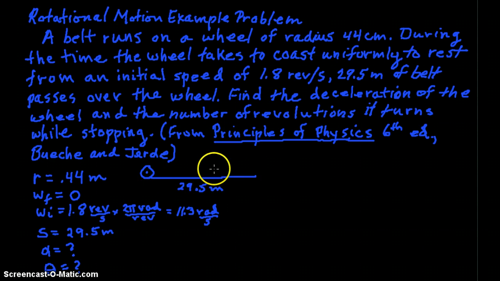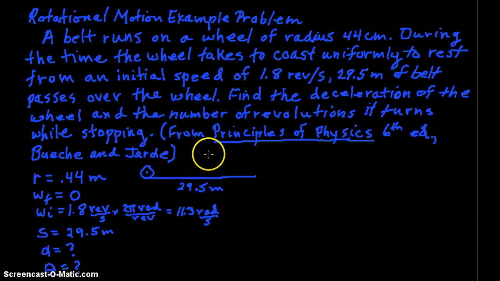So then you could calculate the number of revolutions from that. That's one way to do this problem. So if I have time, I'll do the problem 2 ways here.